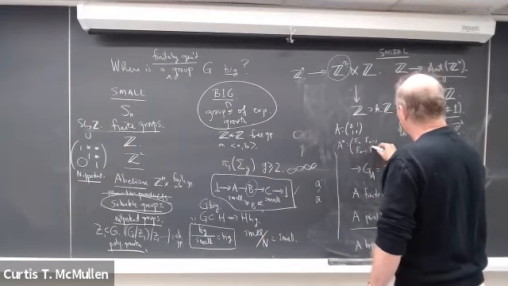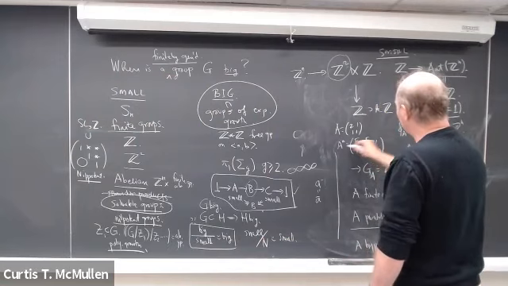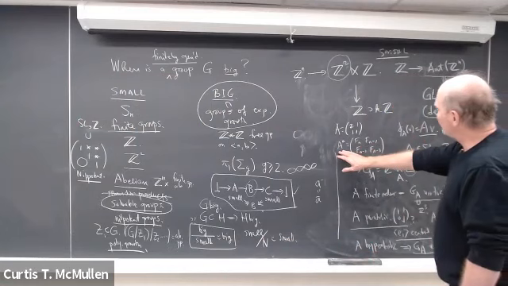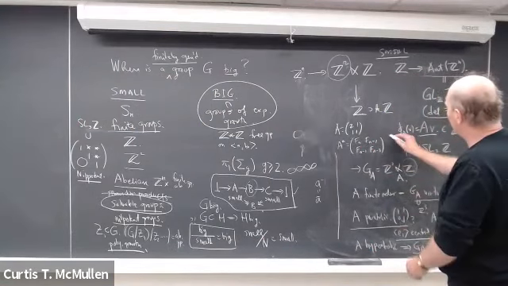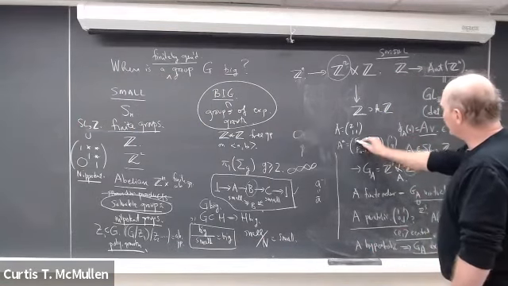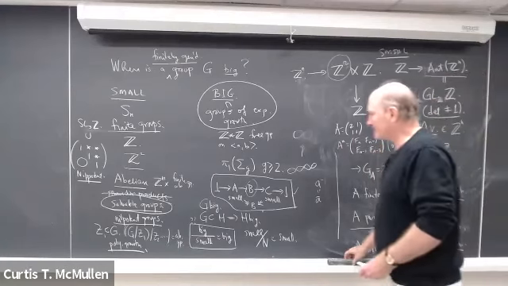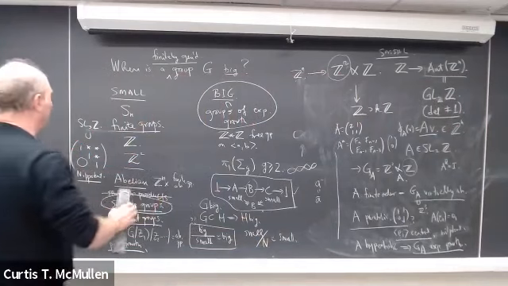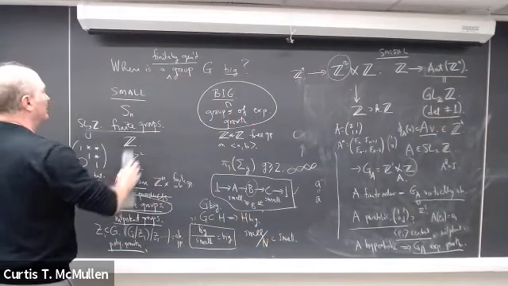So the entries in A have exponential growth. So when you apply A to the n to a vector 1, 0, you quickly get very long vectors. And then by taking linear combinations of those very long vectors, you get exponentially many elements in your group.